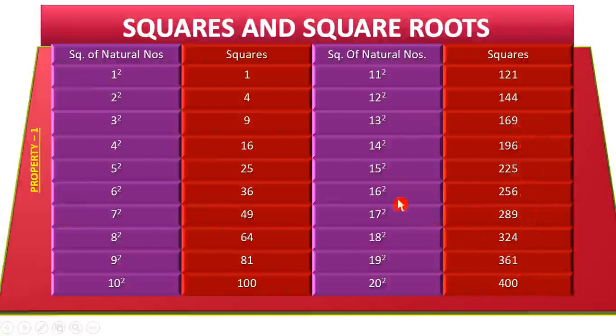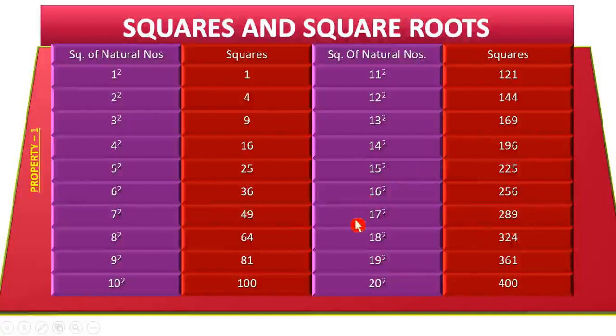So none of these ends with 2, 3, 7 or 8. All these square numbers end with 0, 1, 4, 5, 6 or 9. Like this way it is ending.